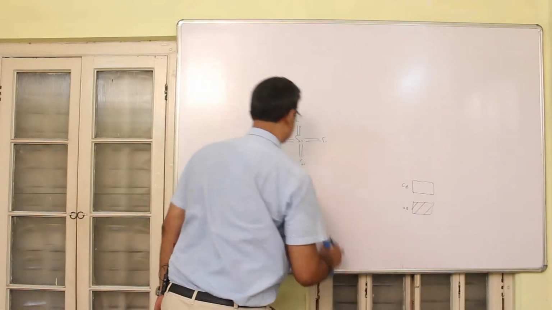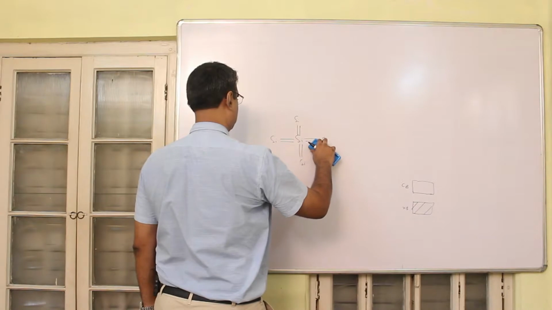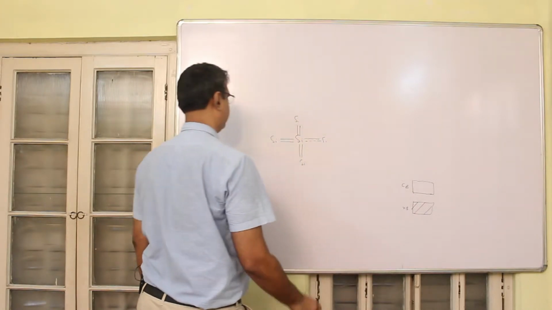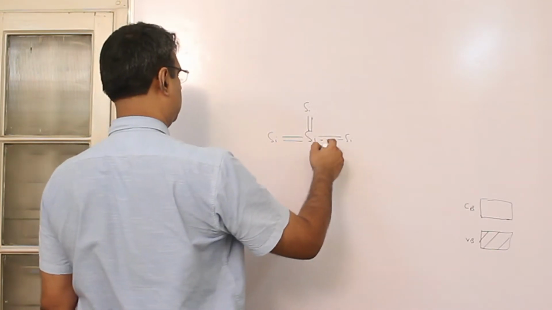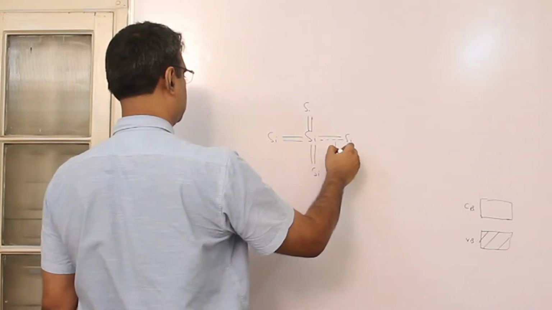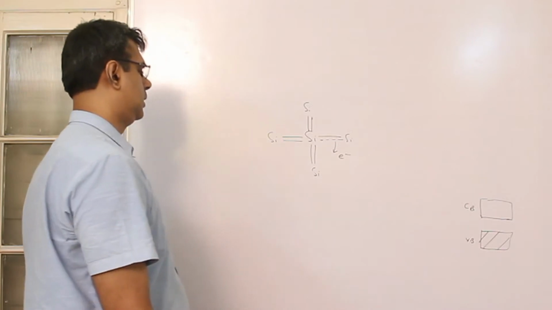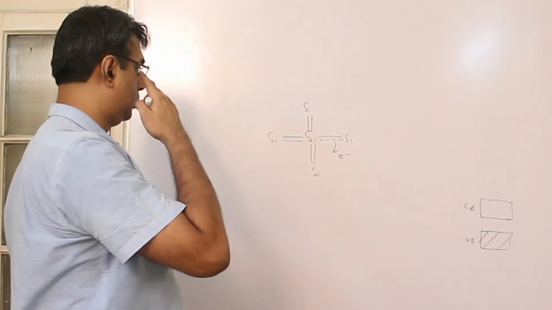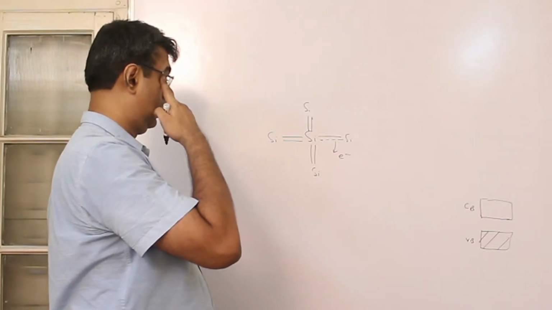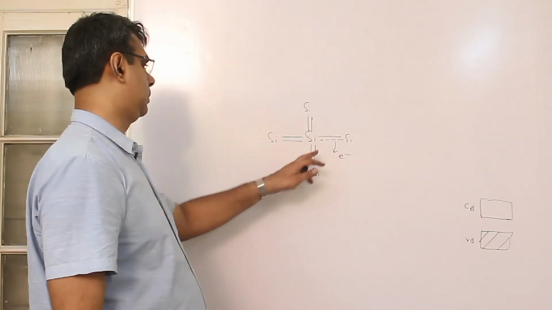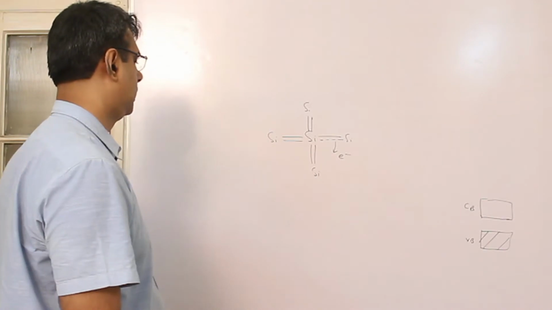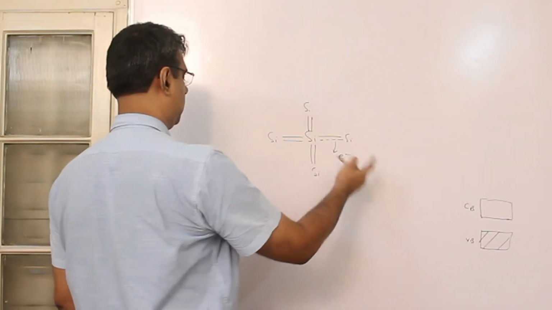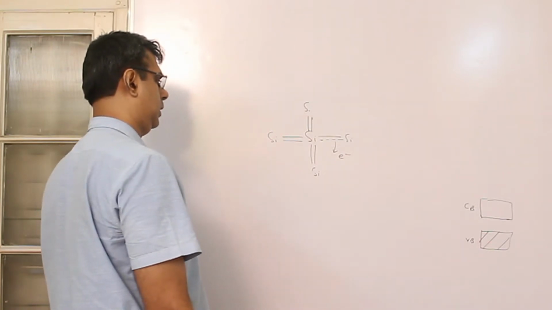Now suppose one of the electrons leaves the valence band and gets promoted to the conduction band. Then this electron will become available for conduction.